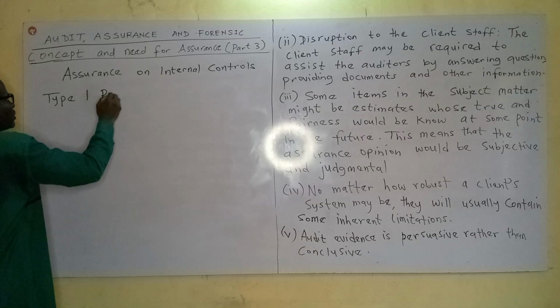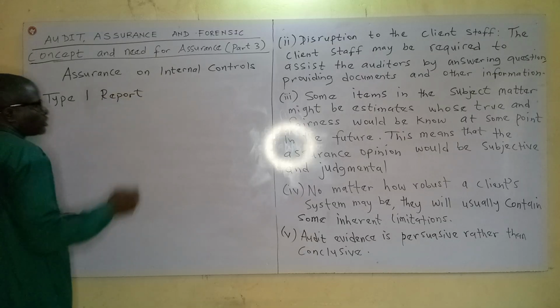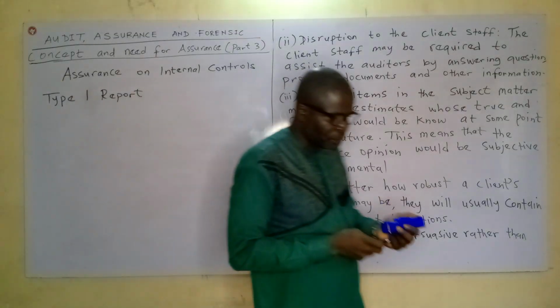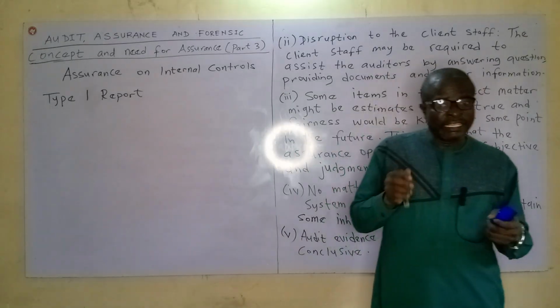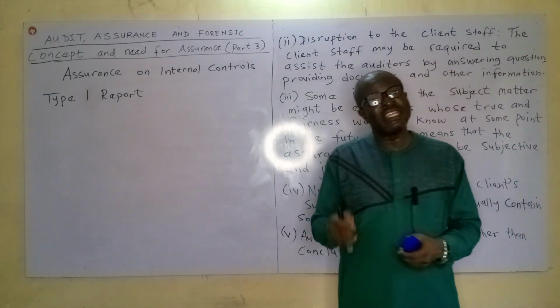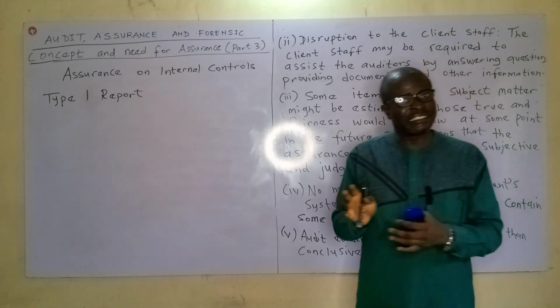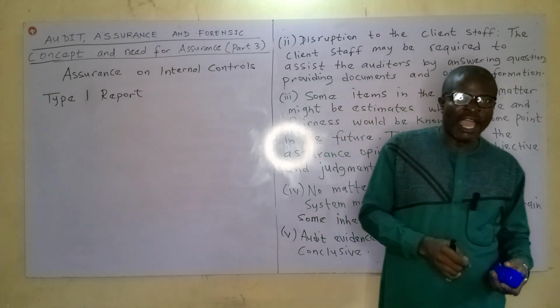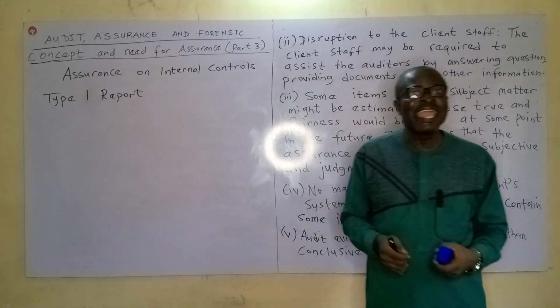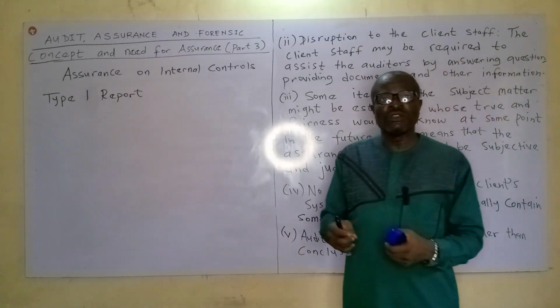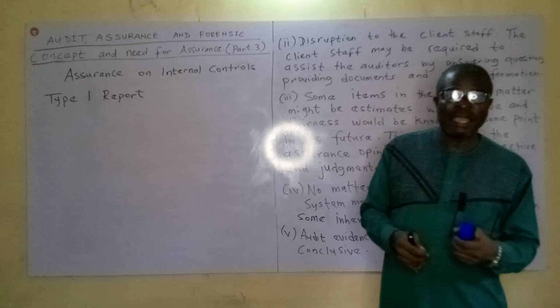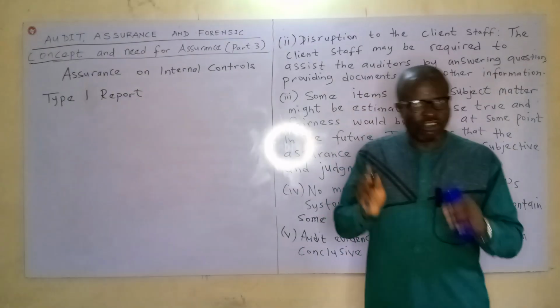A type 1 report contains a description of a service organization's system, the controls and the control objectives at a specified date, which is going to be prepared by the management of the service organization.